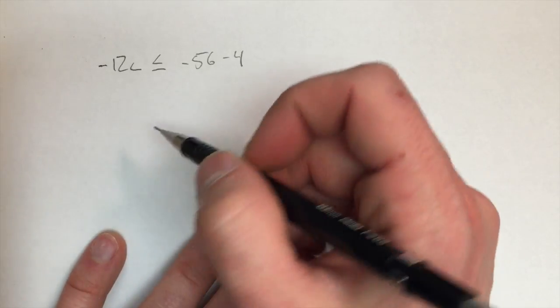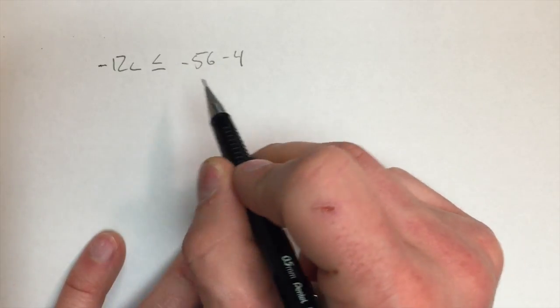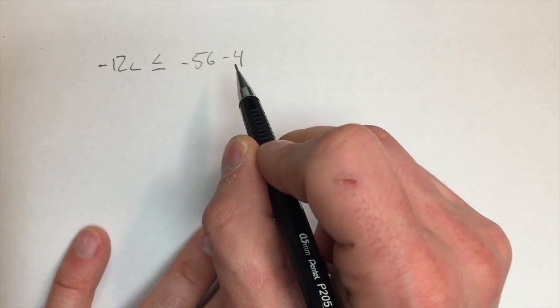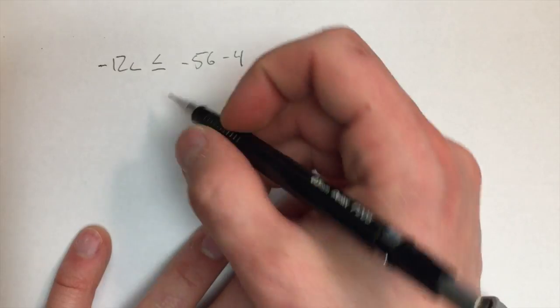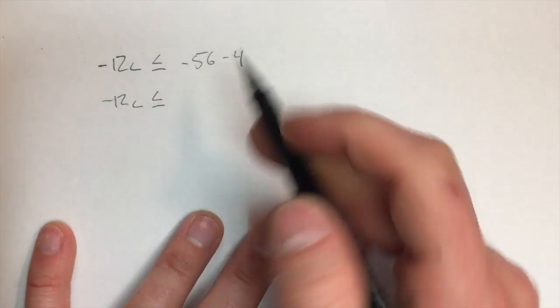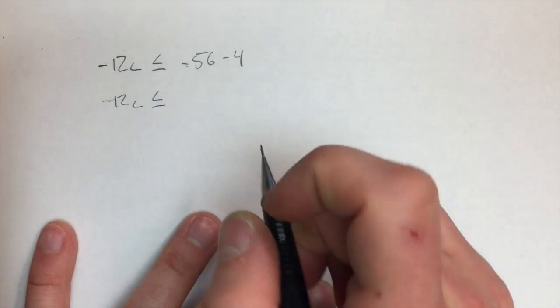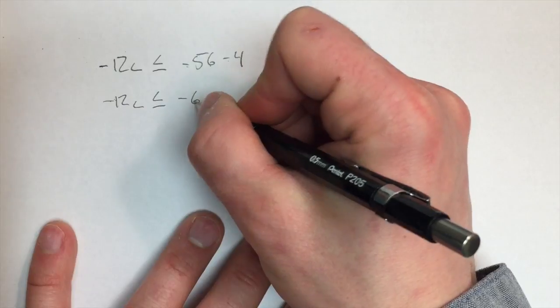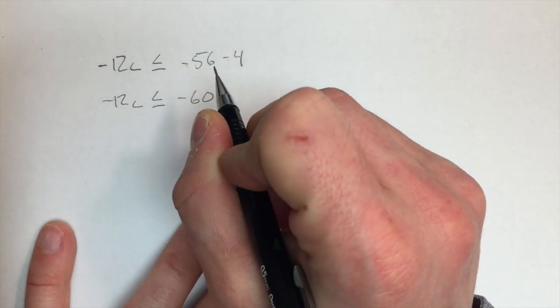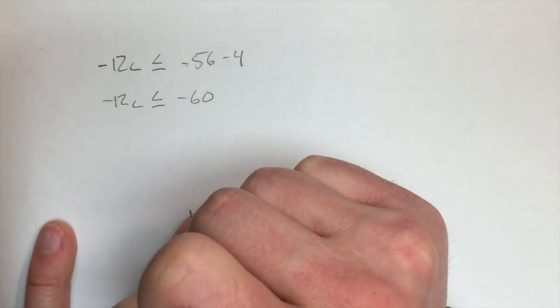Right off the bat, we can simplify this side because we can subtract 4 from negative 56. So negative 12 multiplied by c is less than or equal to, what is negative 56 minus 4? It is negative 60. Negative 56, go in the negative direction 4, negative 60.